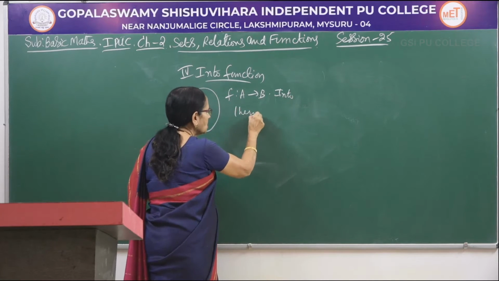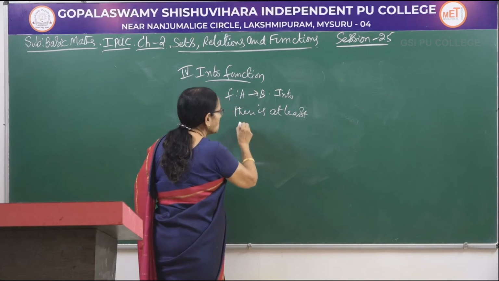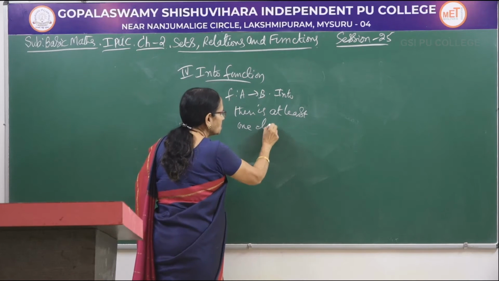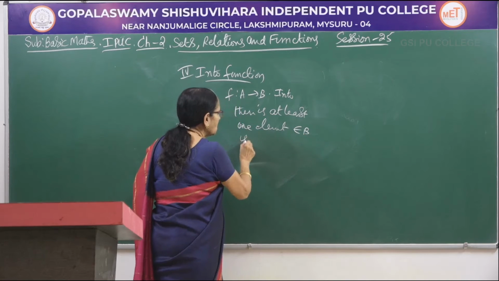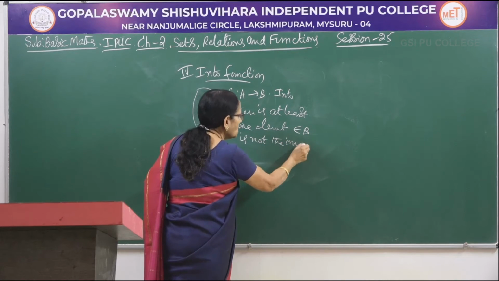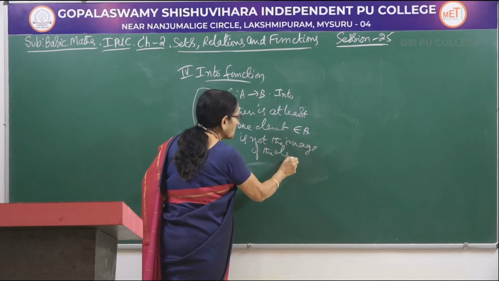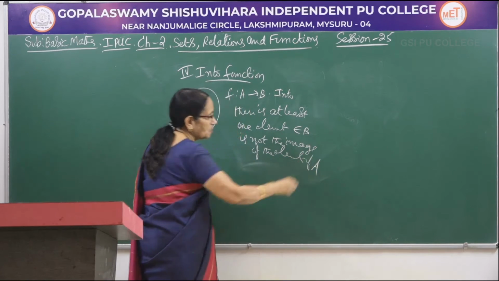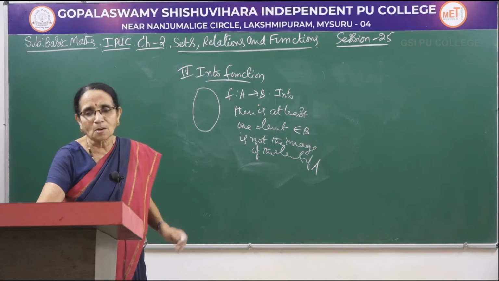So, f from A to B is said to be an into function if there is at least one element belonging to B which is not the image of an element of A. I am saying at least, there may be more than one element also.